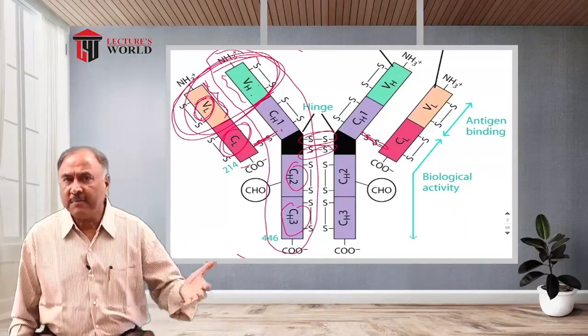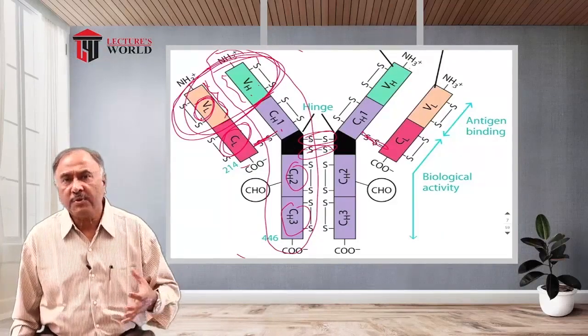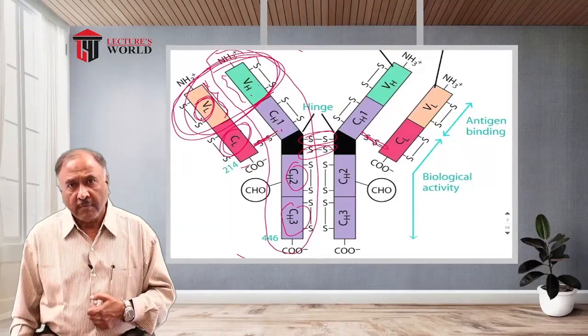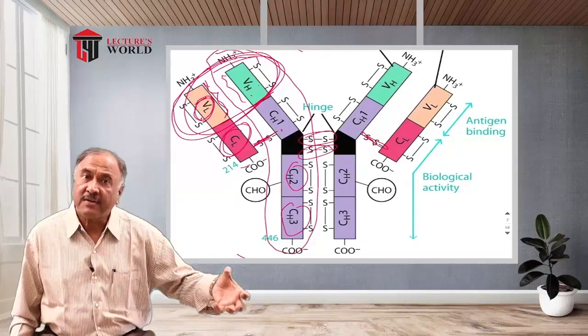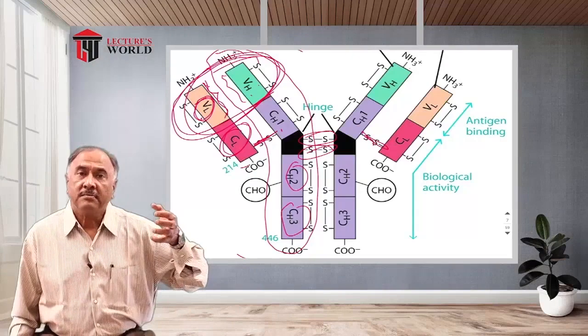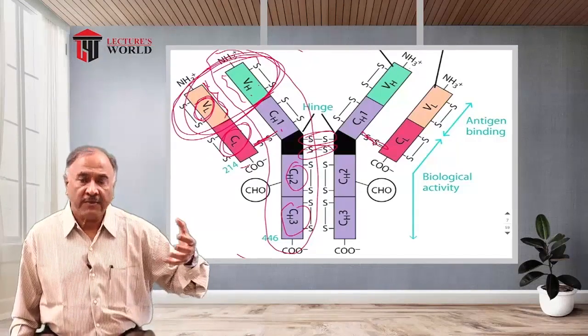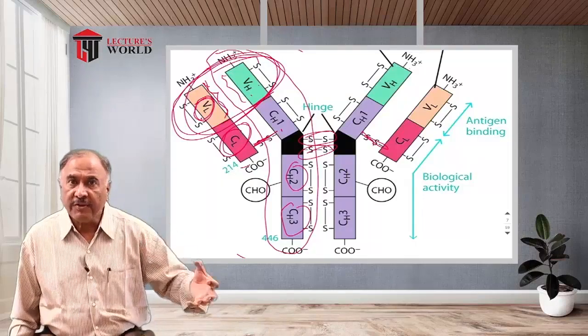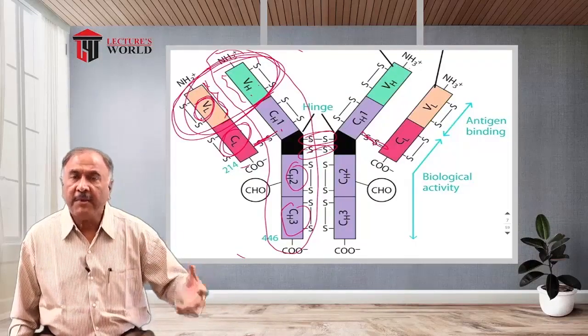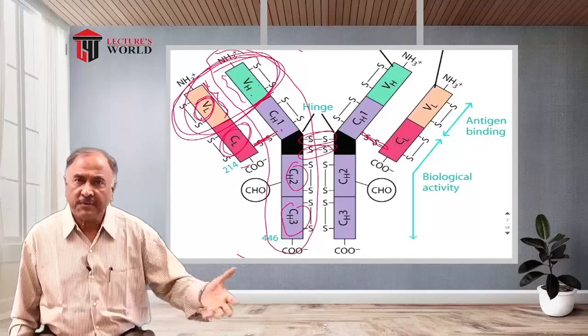because any foreign material can act as an immunogen provided it fulfills certain criteria that we discussed earlier, like size, that is the molecular weight, foreignness, its rigidity, structure, ability of digestion, all those things.